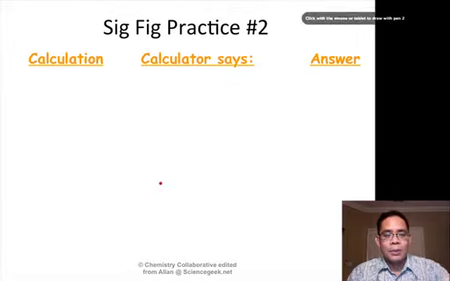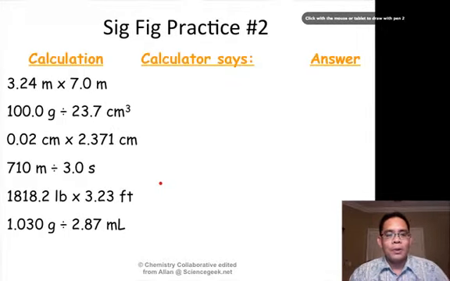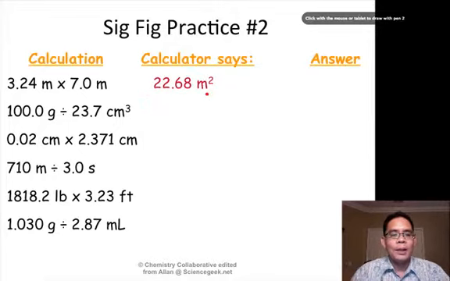So when looking at this one, here's what I want you to do. I want you to pause this right now and plug these numbers all in your calculator and figure out what the calculator says versus what the answer says. I'm going to give you an example with the very first one. When you plug in 3.24 meters times 7.0 meters, you're going to get 22.68 meters squared.